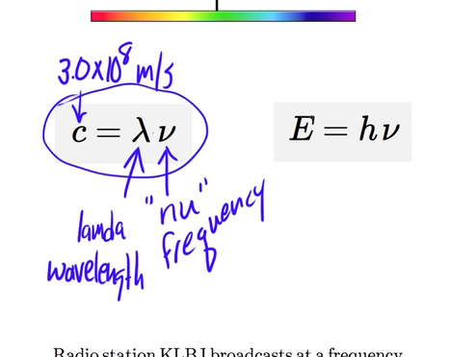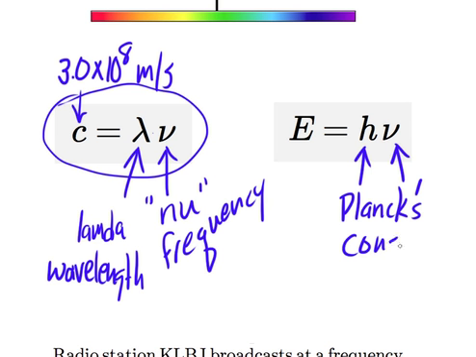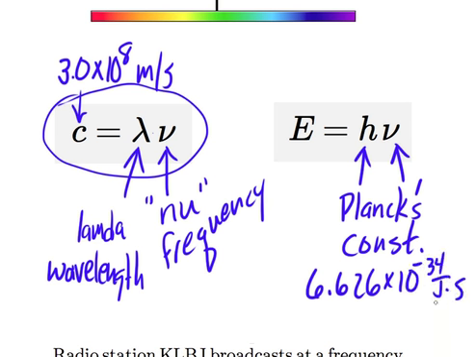Also, the particle view of light takes frequency and multiplies it by Planck's constant. This is Planck's constant, and Planck's constant can be looked up. It's 6.626 times 10 to the minus 34 joule seconds.